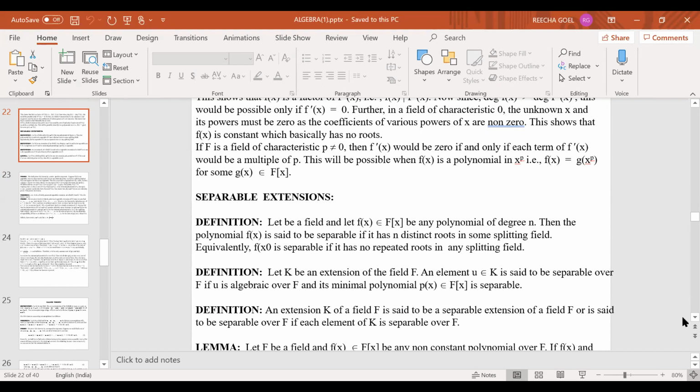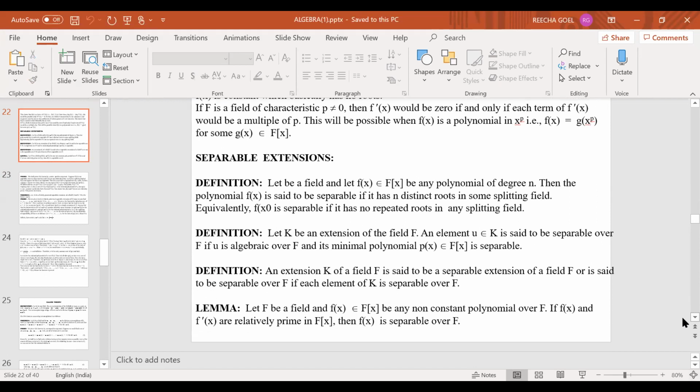Using this concept, now let me prove a very trivial result. That is, if F is any field and f(x) is a non-constant polynomial over F, then if f(x) and f'(x) are relatively prime in F[x], then f(x) is separable over F. Now we say two polynomials f(x) and g(x) are relatively prime if their greatest common divisor is 1.